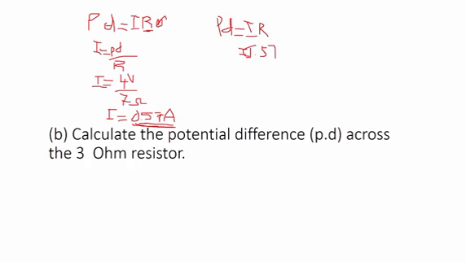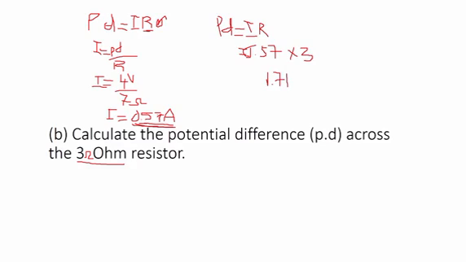Our total current there, we have said 0.57. We are multiplying by the resistor here, the 3 ohms they have given us. So you're multiplying it by 3. When you do 0.57 multiplied by 3, you are getting 1.71.